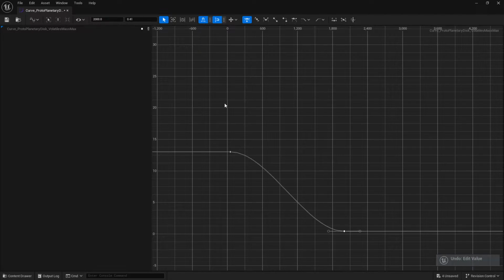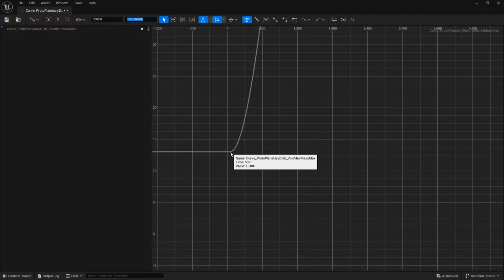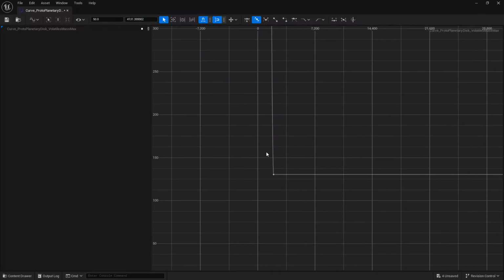Oh, no, wrong way around. Oh, that's right. Oh, comma. Always doing that.